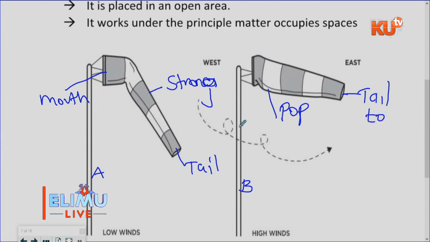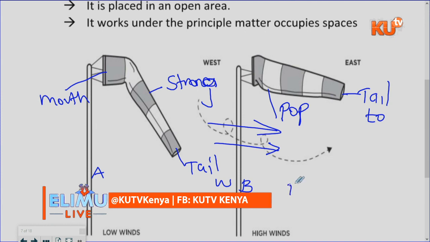In this case, the wind is blowing from this direction. So if this is west and this is east, we can say that the wind was blowing from west to east. That is how a windsock can be used to show direction.